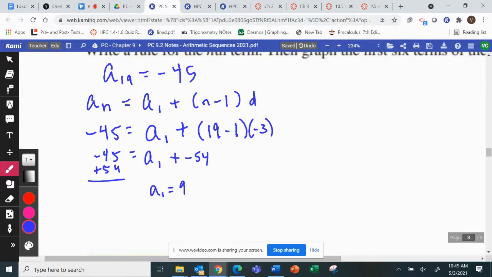So we get a sub 1 is 9. So a sub n equals 9 plus n minus 1 times negative 3. So I get negative 3n plus 12.